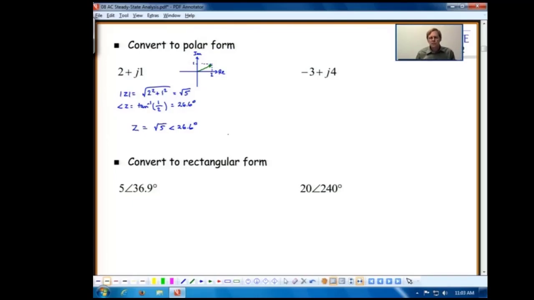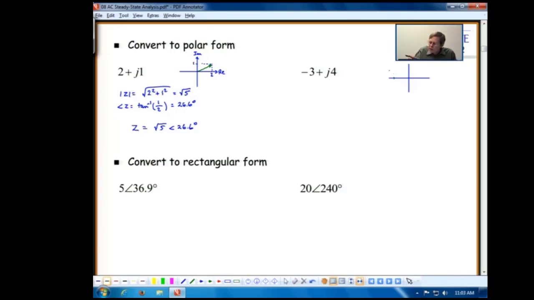Why don't you push the pause button on the video and work out this second example here. Convert minus 3 plus j4 to polar form. Okay, how did that turn out for you? Let's take a look at a plot. So we're at minus 3 for the x value and plus j4.